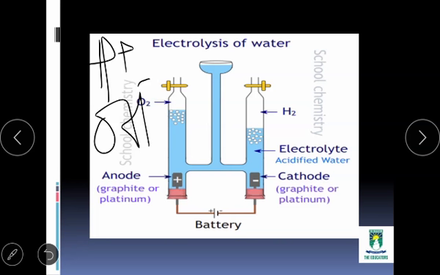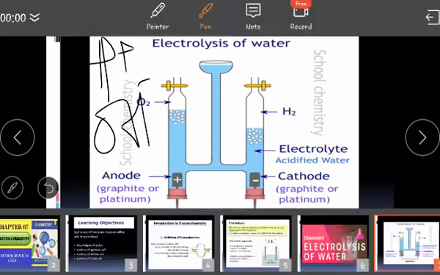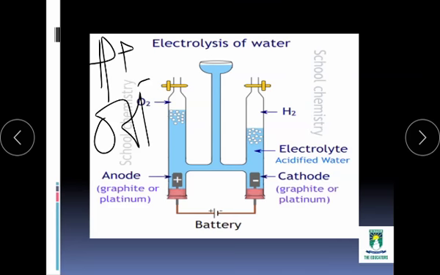What will happen when an electric current is passed through this acidified water? OH- anions move towards the positive electrode, that is anode, and H+ cations move towards the negative electrode, that is cathode, and discharge takes place at these electrodes. So what will happen when the electrolysis of water takes place?